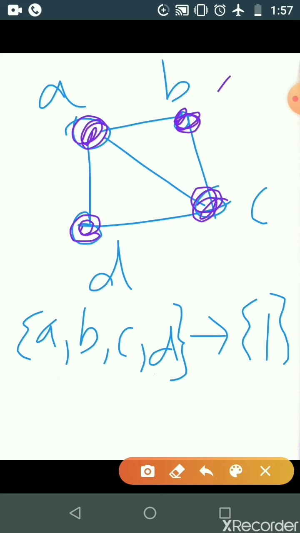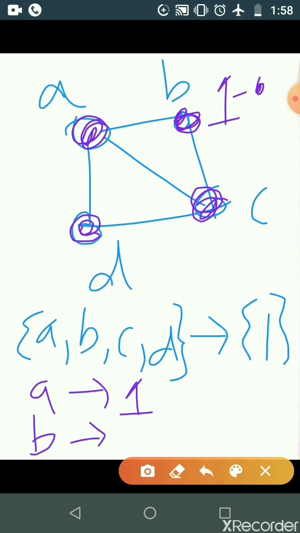Color number 1 is this color, violet color. So A is going to 1. The first color is assigned to vertex A, the same color is assigned to the second vertex, the same color is assigned to the third vertex, and the same color is assigned to the fourth vertex. So this is the one coloring.